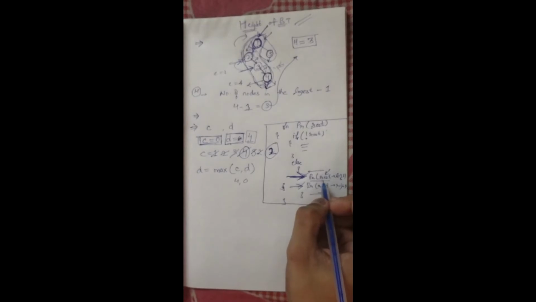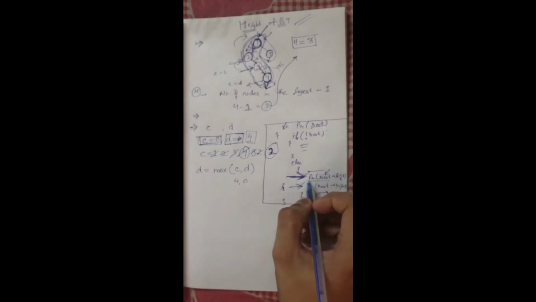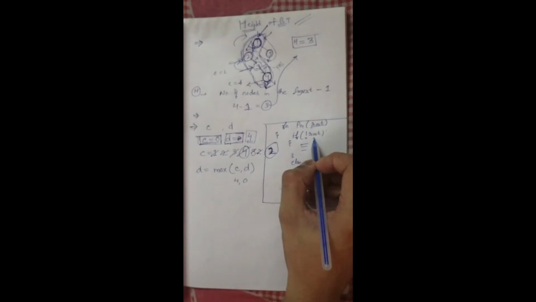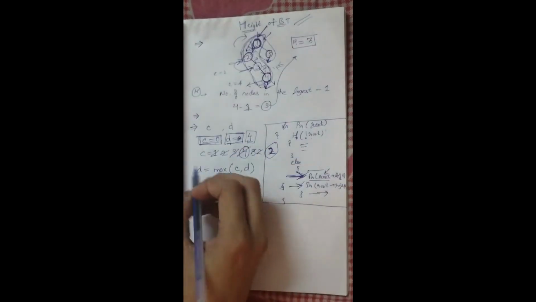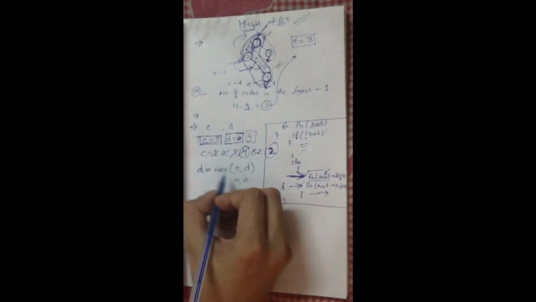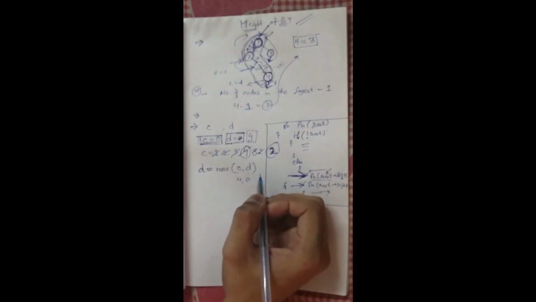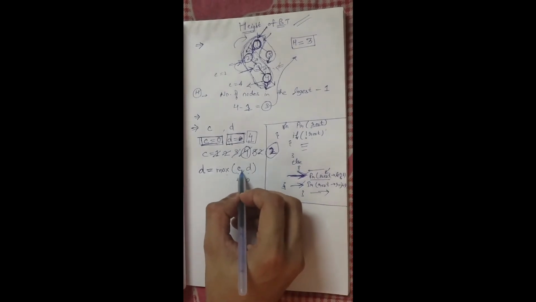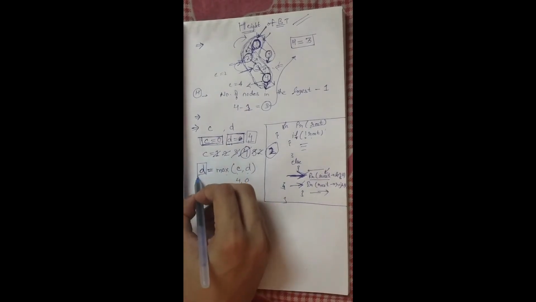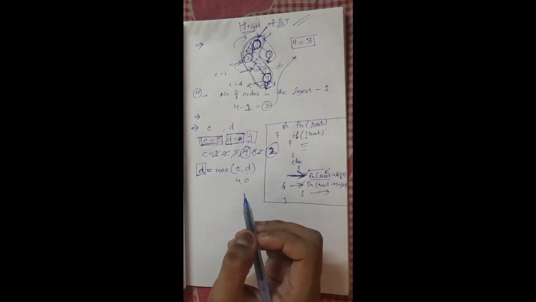Okay, so I told you that whenever I find this empty, I would initialize D is equal to maximum of C comma D. So the maximum, so that I can have D as the maximum number of nodes I have.